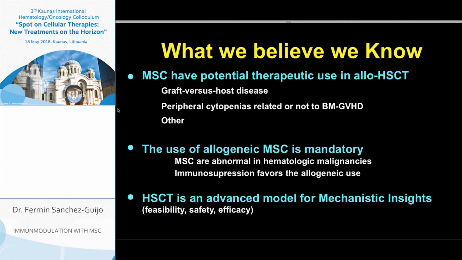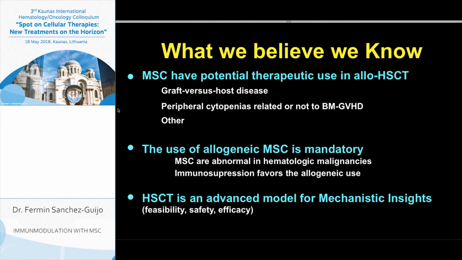So with that, I would like to conclude that MSCs have a potential therapeutic use in the allogeneic stem cell transplant setting, at least for GVHD, probably for peripheral cytopenias that are related more or less to this bone marrow GVHD, and maybe in other indications.